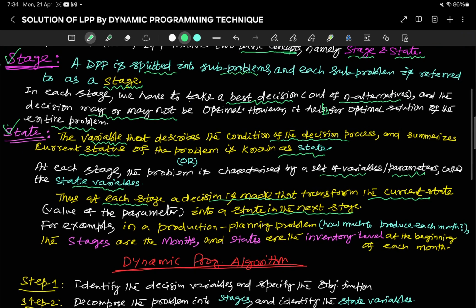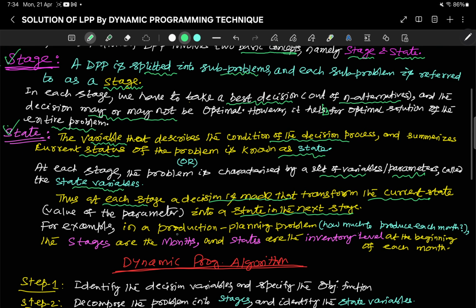For example, in a production planning problem, how much to produce to fulfill our demand in each month. Here the months are the stages, and the states are the inventory level at the beginning of each month.